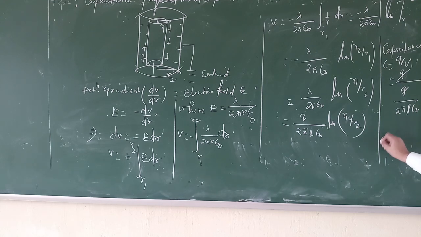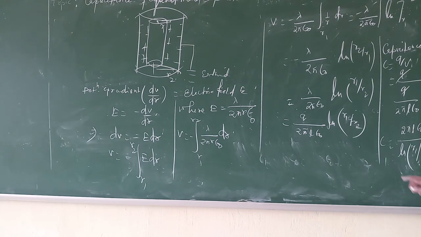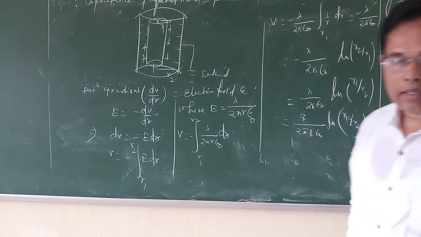So you are getting C equal to 2 pi L epsilon naught by ln r1 by r2. So this is the capacitance of the capacitor. This is the capacitance of a cylindrical capacitor.